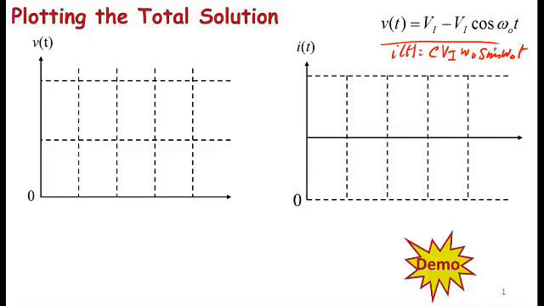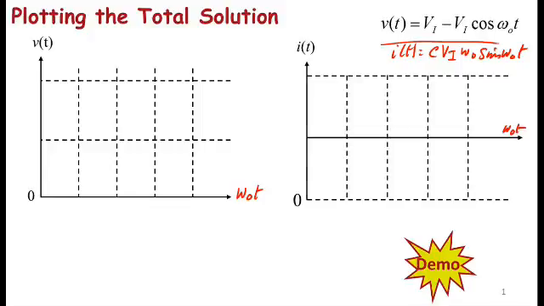So commonly when we plot these things, you might imagine we can just plot them versus t, but we do it in a slightly stylized manner, and we commonly plot them with respect to omega naught t. So I'm going to plot both the current and the voltage and use omega naught t as my x-axis.